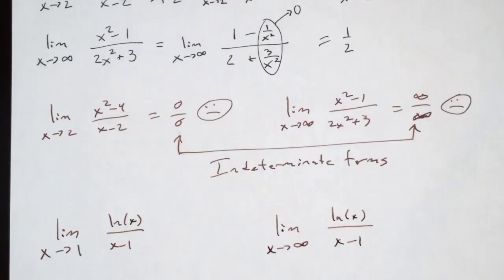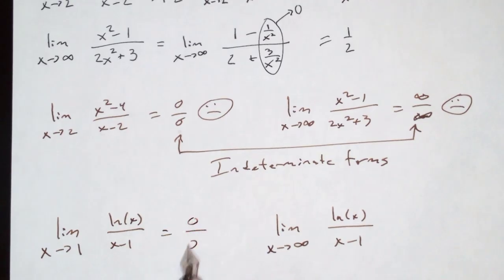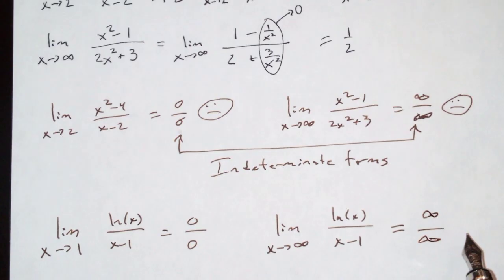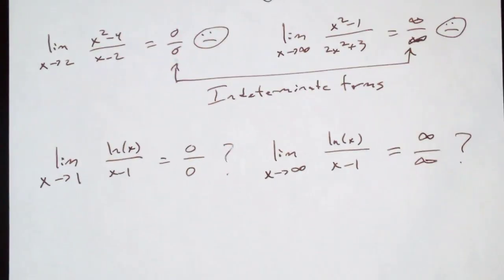In the same vein as these indeterminates, if I just plug in 1 on top and on bottom here, I once again get a 0 over a 0. If I plug in, quote unquote, infinity here, well, as x goes off to infinity, so does ln of x. As x is getting bigger, subtracting 1 doesn't do much for it. These are, again, indeterminate forms.